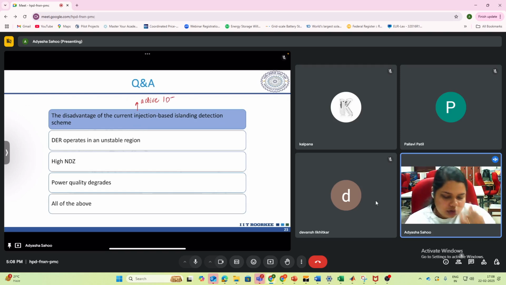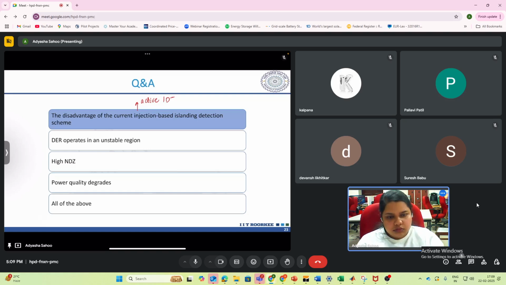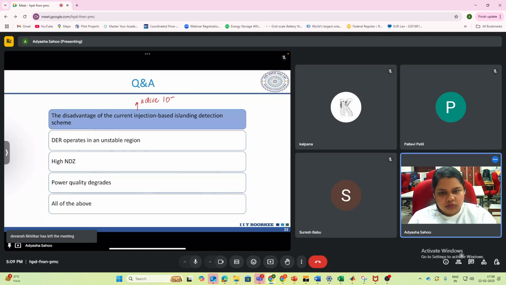So, what was the disadvantage of active IDT? Any guess, any answer? You can type in the chat box also. So, this DR operates in unstable region.